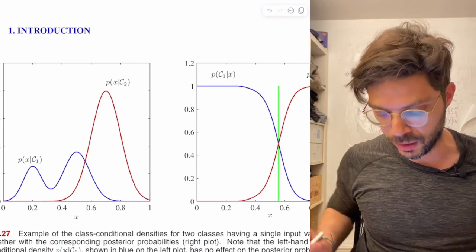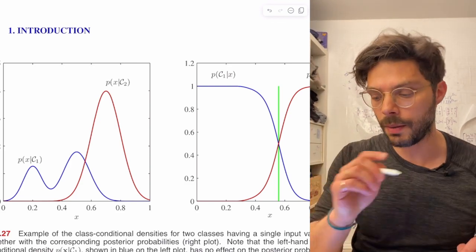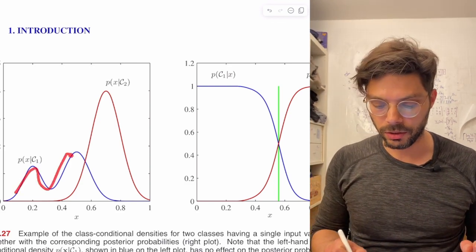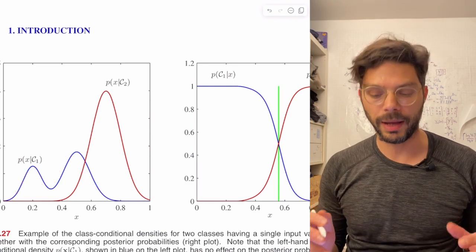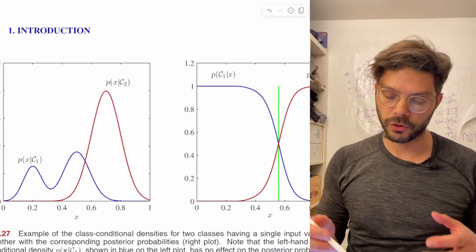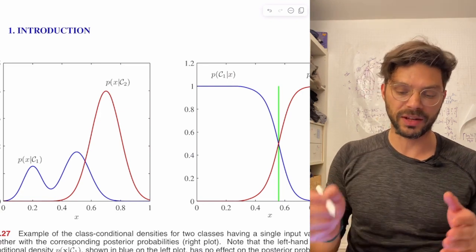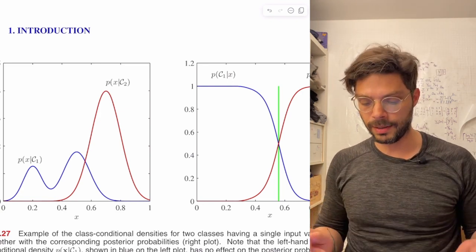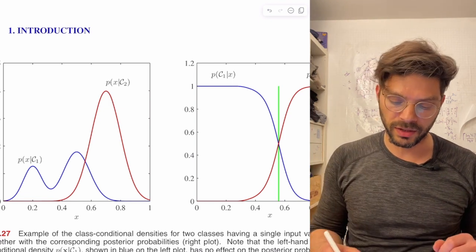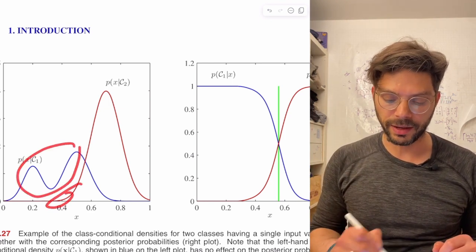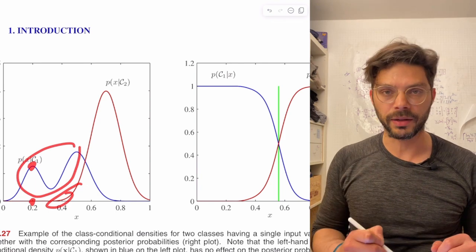But the important thing is that if you just care about making a decision, all the structure might not actually matter, because the decision you want to make, for example, whether the point comes from class 1 or class 2, and in this setting we're going to assume the priors are the same, depends on the ratio of this to that. So the ratio of this value to that value.